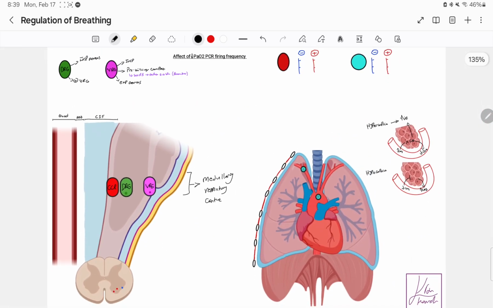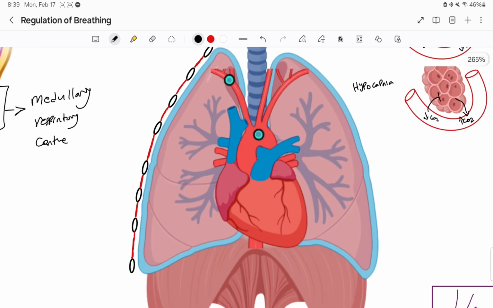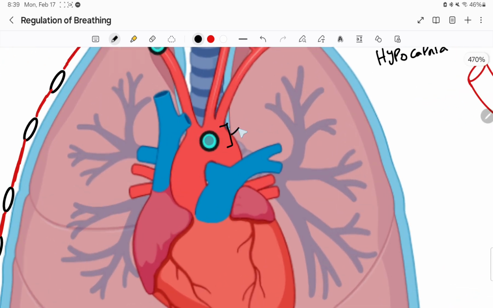Where would the peripheral chemoreceptors be? I told you that they're found in the periphery, specifically the aorta and the carotid bodies. Well, where's the aorta? Right here. These guys are called your aortic bodies.